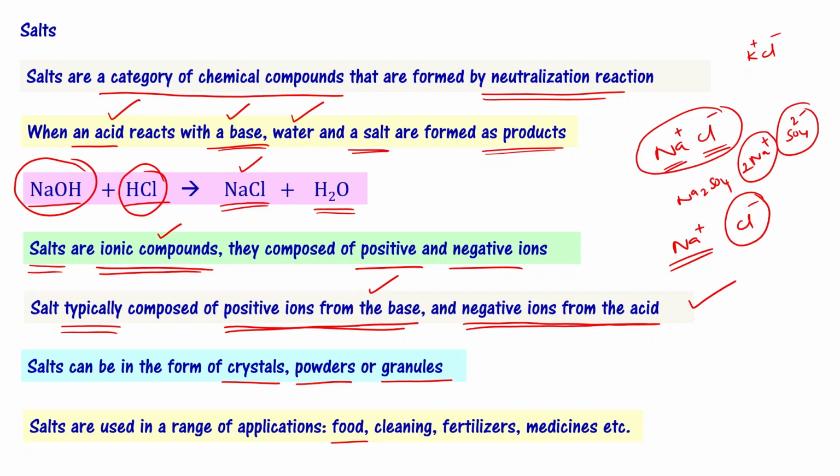For example, food processing, cleaning, fertilizers, and we will be using it in making of the food because sodium chloride used as tastant in the food, right? And certain salts are used as medicines also. In the manufacturing of medicines also, certain salts are used. And we are going to discuss about some of these applications in the upcoming video.